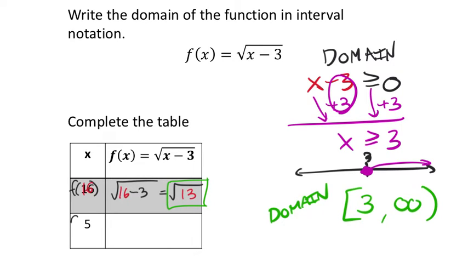Same thing is going to work for this one. Again, that's f of 5 is really what it's asking for. So we're looking for the square root of x minus 3, but we now have a value to replace x with, which is 5. And that would be the square root of 5 minus 3, which is 2. And that's the one we want there.